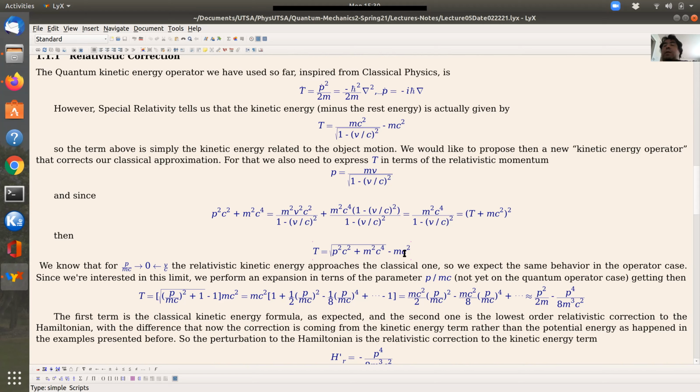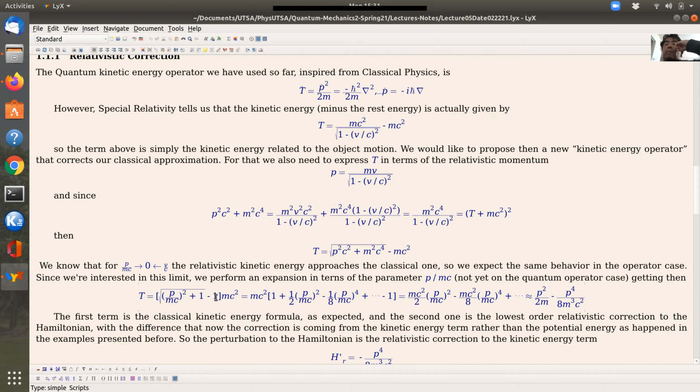So what you can do is basically factorize this mc squared. If you do that, this is the form of the square root. And then what you'll do is expand the square root around 1 using a Taylor series. If you do that, of course, your first term is 1, then you have the expansion of the square root of this object.